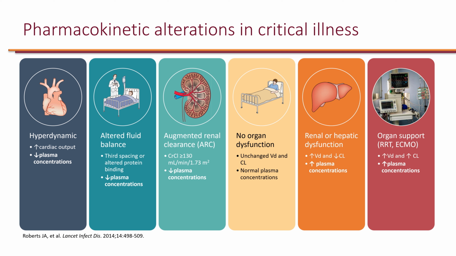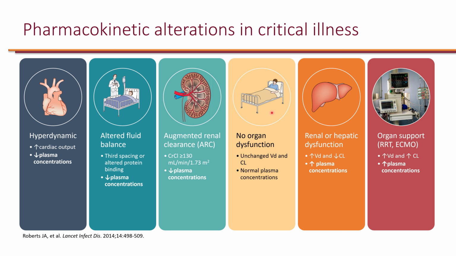Things that can lead to augmented renal clearance include trauma, sepsis, burns, hematologic malignancy, or pancreatitis. These are some of the risk factors, and this is more common inside the ICU.